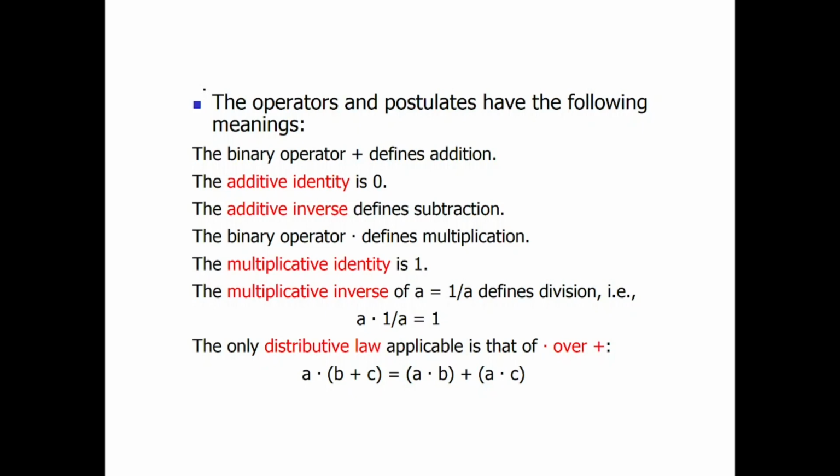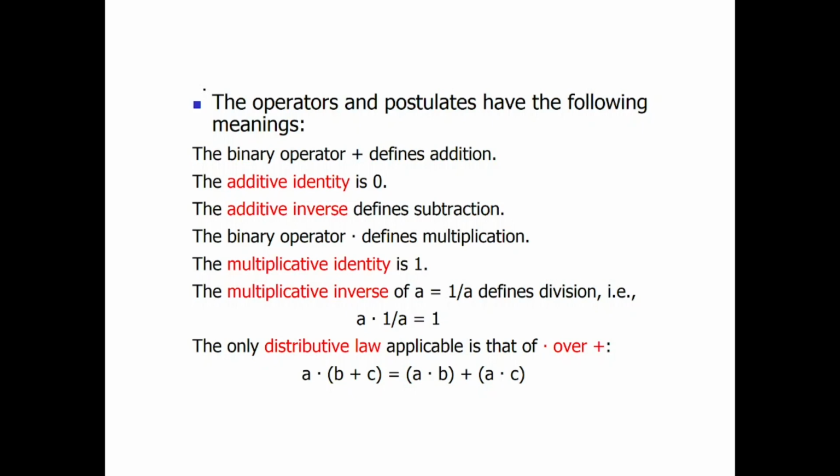Some of the meanings are there. The operators and postulates have the following meanings. The binary operator plus defines addition. With respect to addition, the identity element is 0, and the additive inverse defines subtraction.